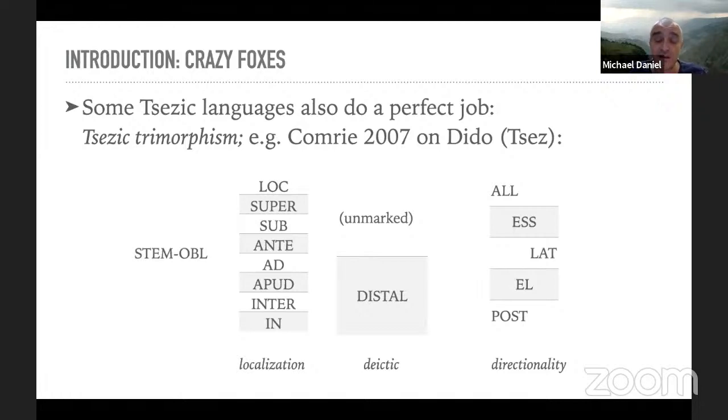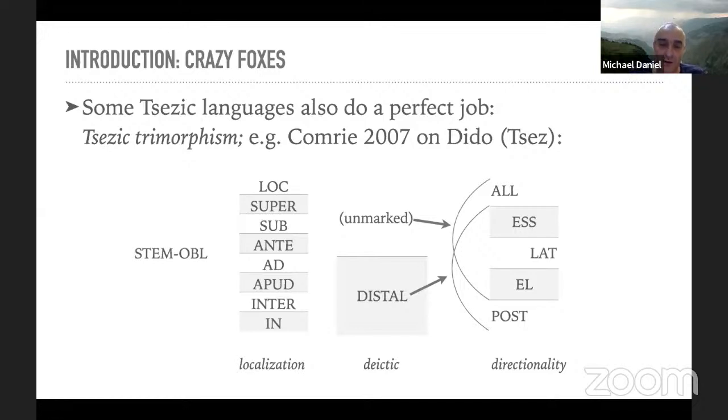Again, the relation between this category of distal and non-distal forms and the directionality category is not absolutely free, as we have seen in the Dargwa case. If you have an unmarked form, then you can select any of the directional forms, but not one of them.